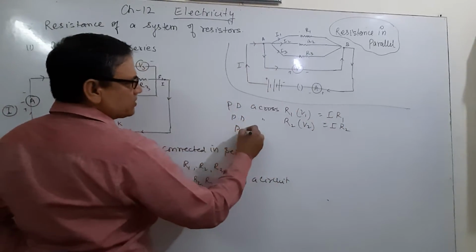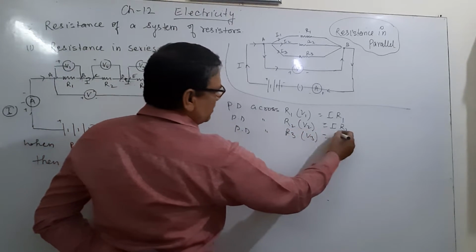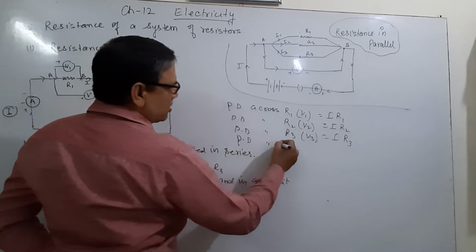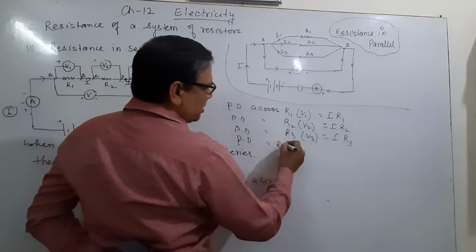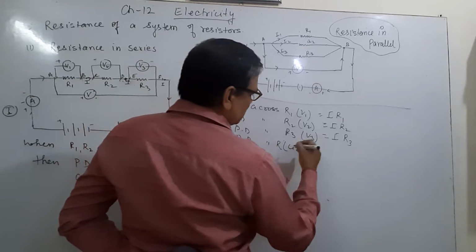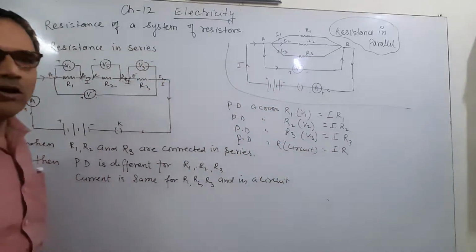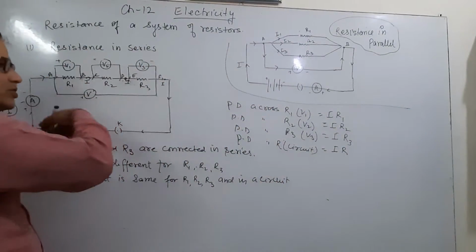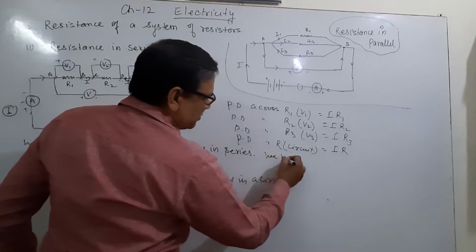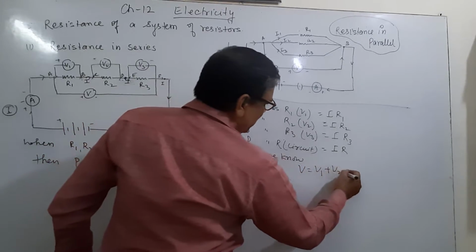And potential difference across R3 is V3, which is equal to I R3. Potential difference across the whole circuit is equal to I R, where R is the resistance of the whole circuit. And then we know V is equal to V1 plus V2 plus V3.